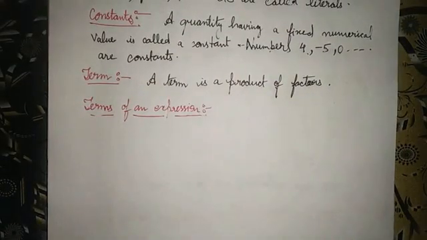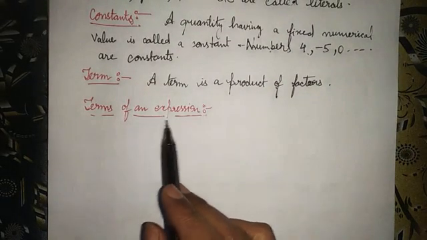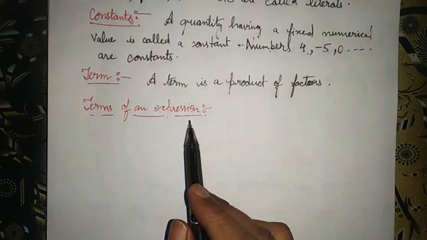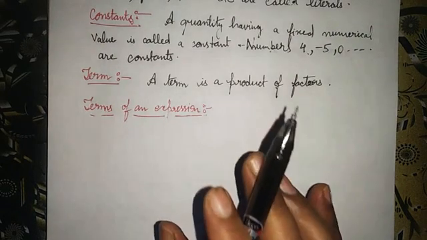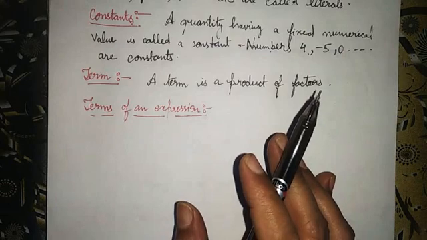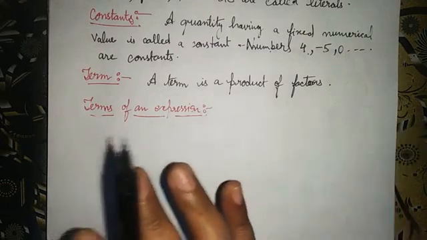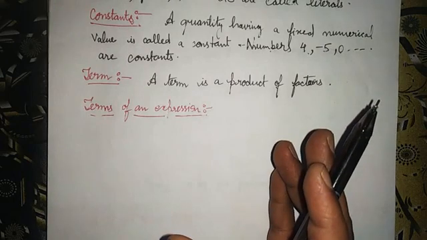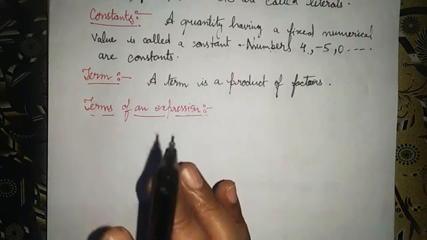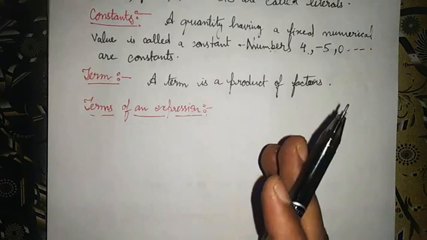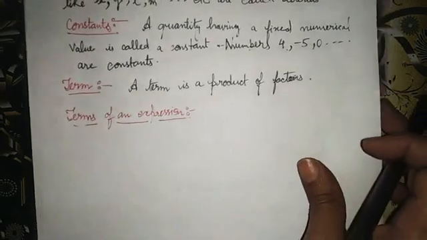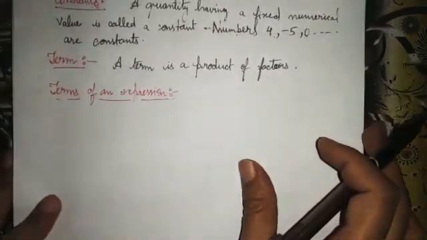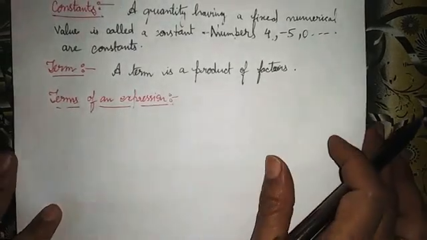Now children, we will talk about terms of an expression. The terms of an algebraic expression are the parts of the given expression which are separated by a sign of addition or subtraction. Now I am writing here about terms of an expression.